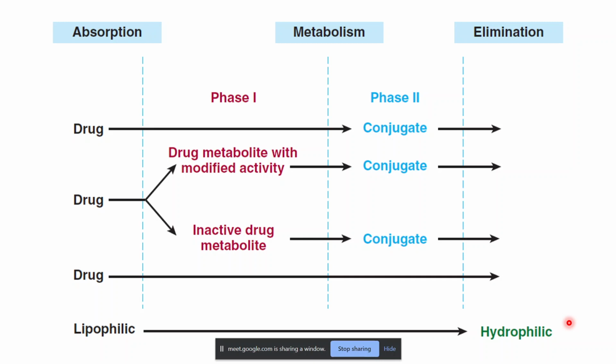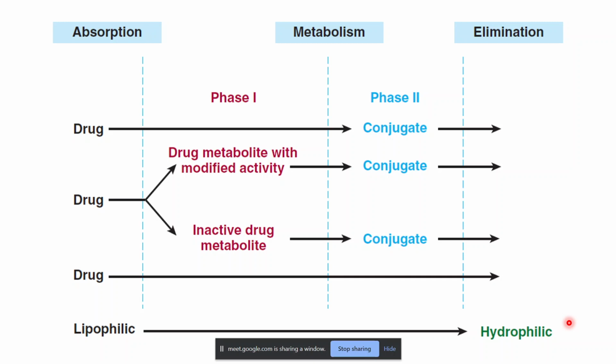there are two types of the endoplasmatic reticulum: rough, that has the ribosomes, and smooth. So the rough endoplasmatic reticulum usually synthesizes proteins, and the smooth endoplasmatic reticulum is usually responsible for drug metabolism.